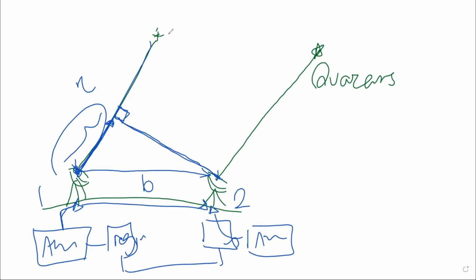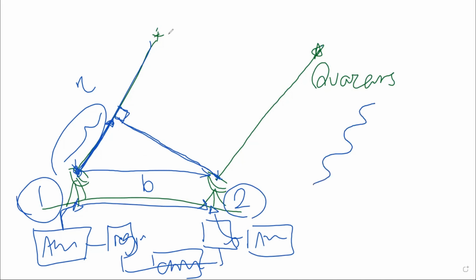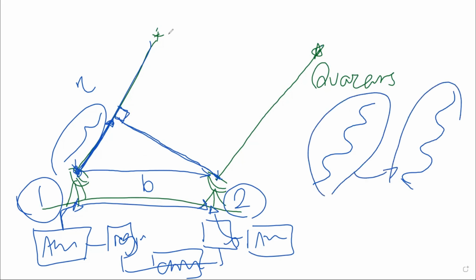And what can we do? Here we have a correlator. What does a correlator do? At station 1 the signal comes like this, and at station 2 the signal comes like this. The correlator compares these two signals, putting them on each other and moving them backward and forward.